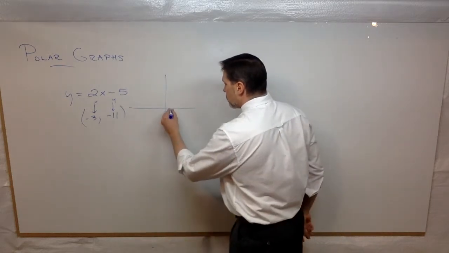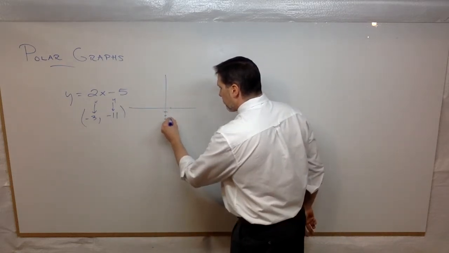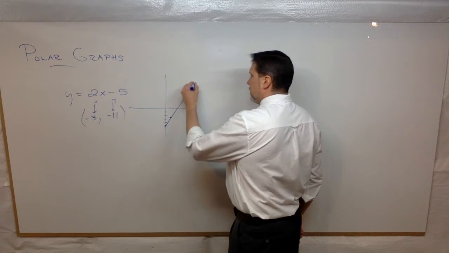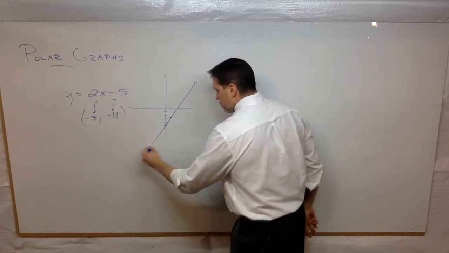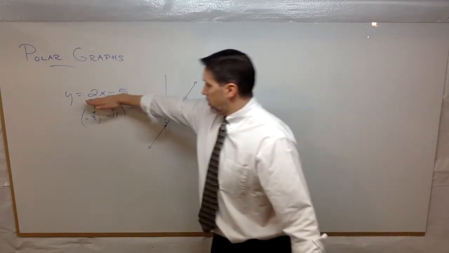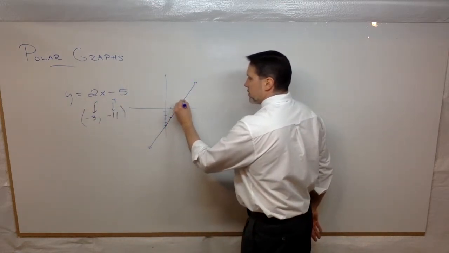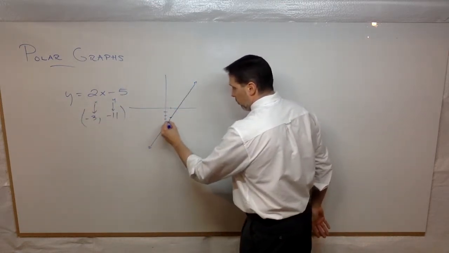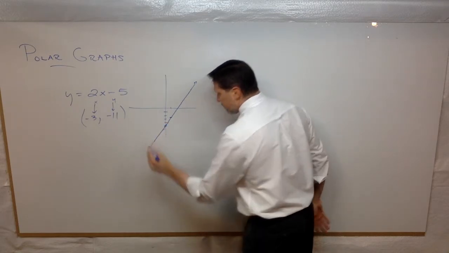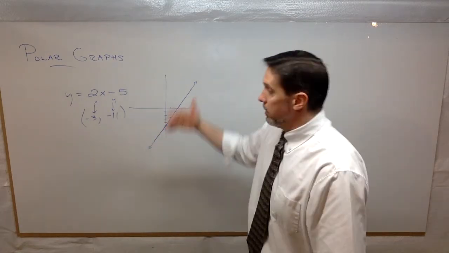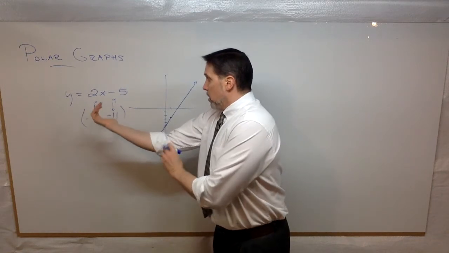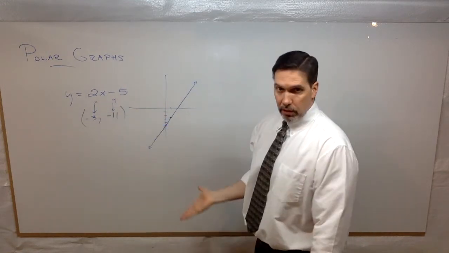The slope is up 2, right 1. This line represents every single solution to this equation. Every single point on this line, no matter what it is, decimal, fraction, radicals, it makes no difference. Any point on this line will solve this equation and represents a point in the relation.